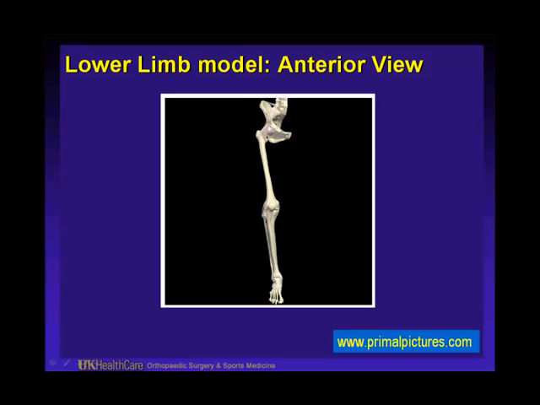Looking at the front, again adding the tendons at first, capsular attachments, then adding the muscles. I think this is a very good way to teach and understand the functional anatomy of our muscles.